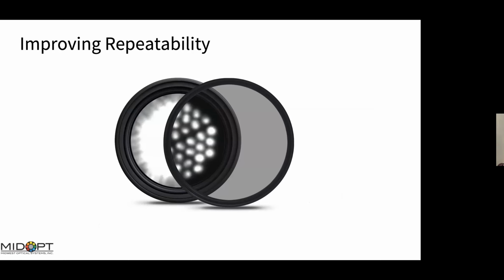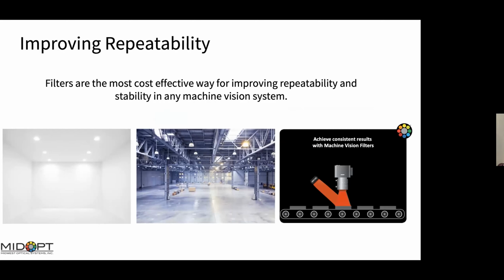The last thing in this beginning series here is how filters can really help you achieve or improve repeatability. We call filters an inexpensive insurance policy because they help to ensure that the application is going to work regardless of the environment.